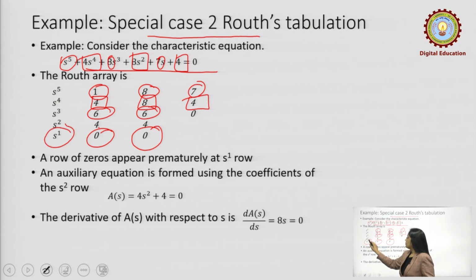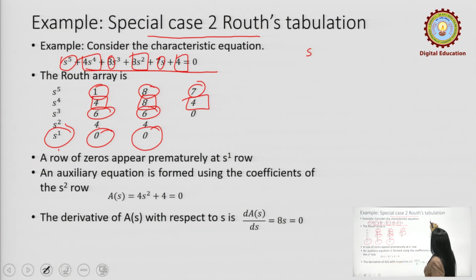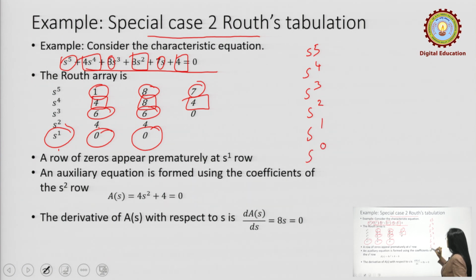1, 2, 3, 4, 5th. The 5th row, we can see that the 5th row has prematurely terminated. We have not reached s raised to 0. However, when forming the table, we should have terminated at s raised to 0.